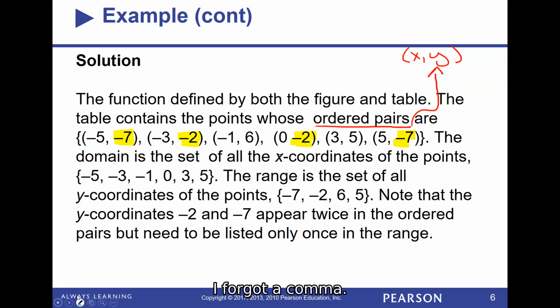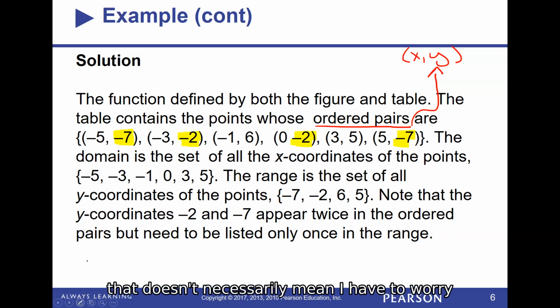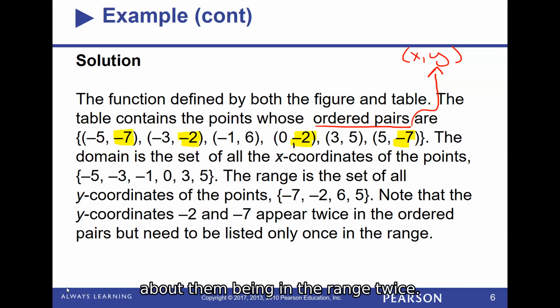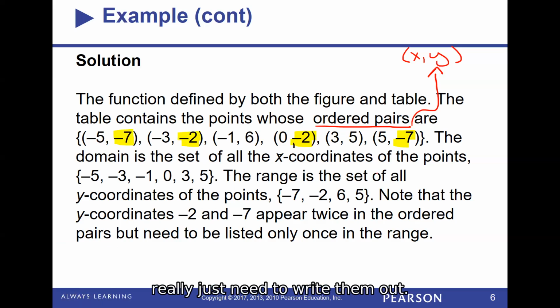Oh, I forgot a comma. So even though they're technically the same, that doesn't mean I have to worry about them being in the range twice. All I have to do is write them out, and if anything repeats, I only need to write it one time because I've already written it once.